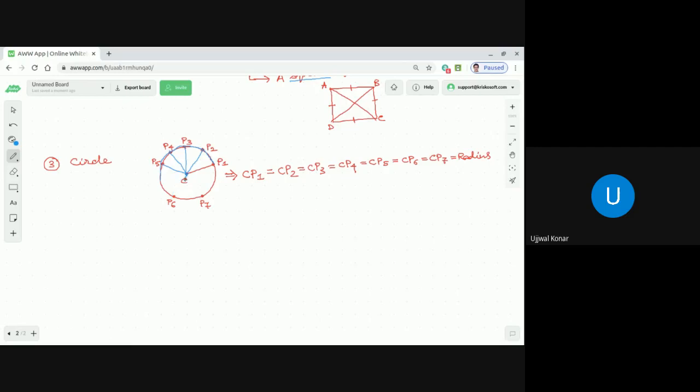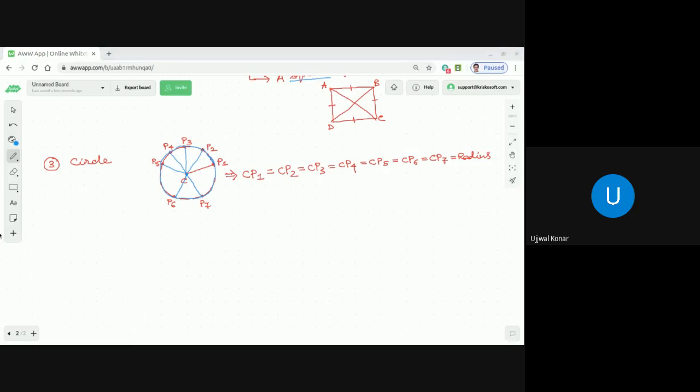What is the fixed point? The fixed point is C. So this fixed distance is known as the radius, which we just saw as CP1, CP2, CP3, CP4, like that. And the fixed point C is known as the center. So this is about the circle.